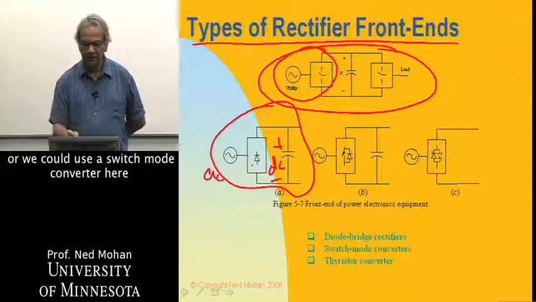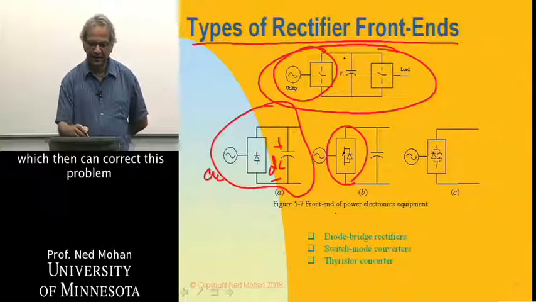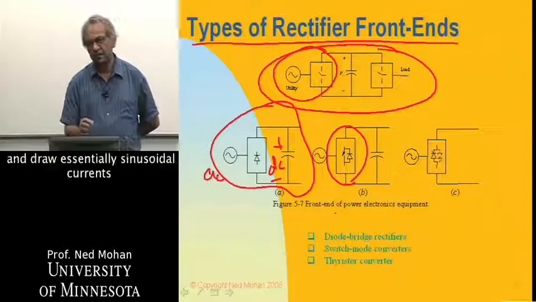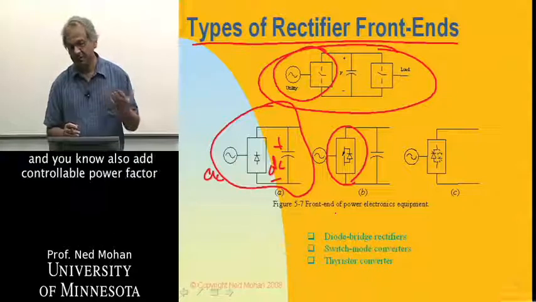Or we could use a switch mode converter here, which then can correct this problem and draw essentially sinusoidal currents, and also at controllable power factor.